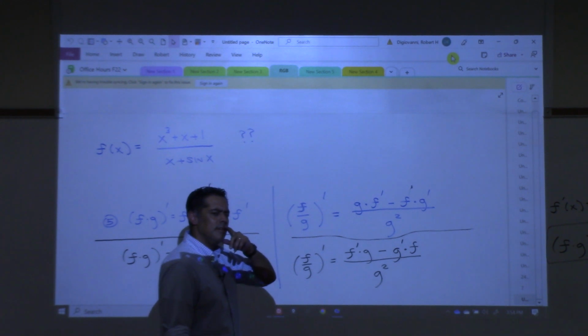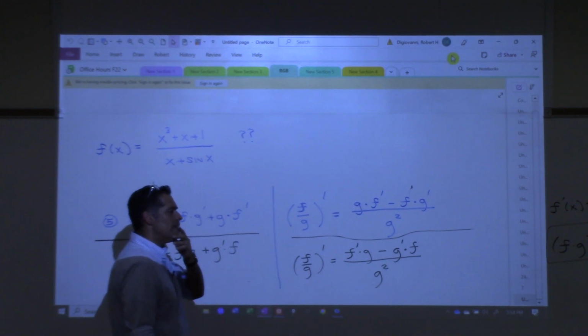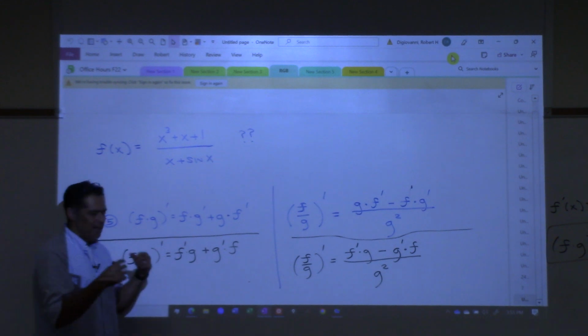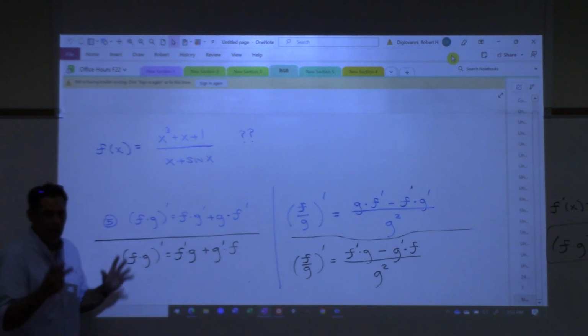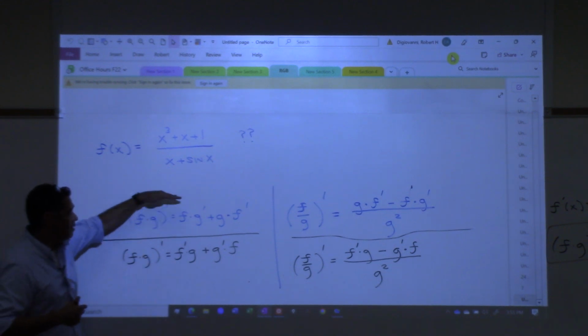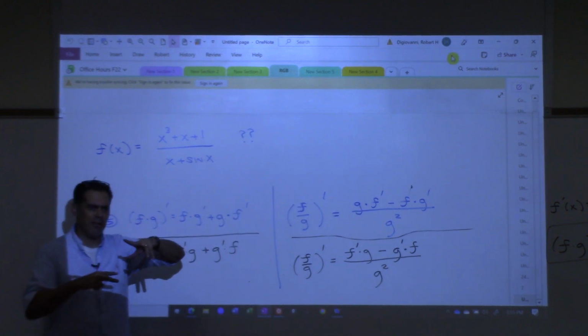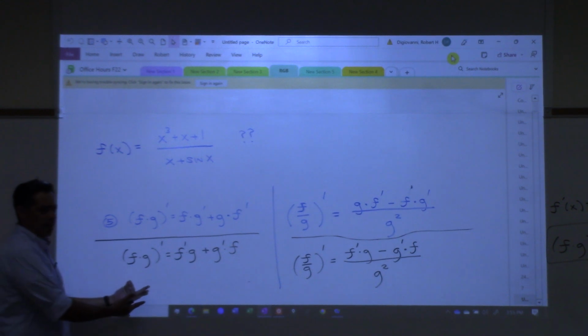The only thing that changes from the two formulas is that the quotient one has g squared. Look at the way I do it. I'm not trying to say I'm any better for this, but when I was a student, I learned it this way in blue. And then as I started to understand things better, I was like, why can't we just do it this way in black?